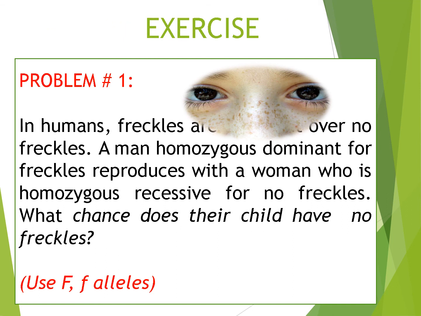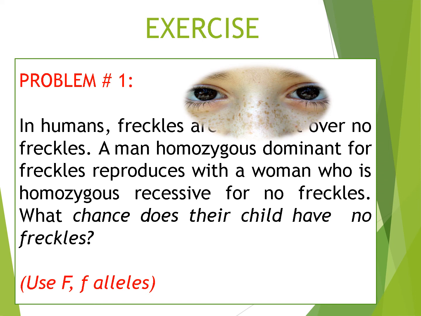Let's test your comprehension of today's topic by answering the exercise. We have problem number 1. Let me read you the passage. In humans, freckles are dominant over no freckles. A man homozygous dominant for freckles reproduces with a woman who is homozygous recessive for no freckles.